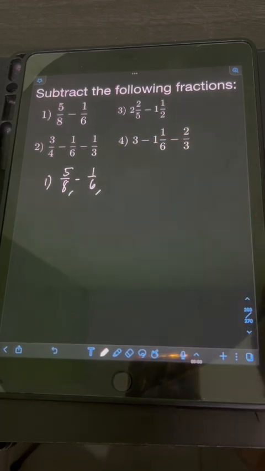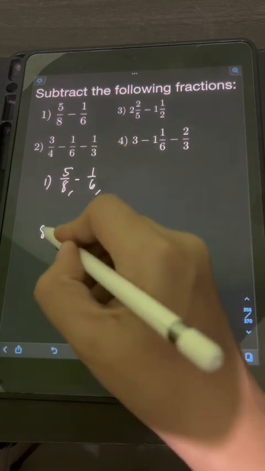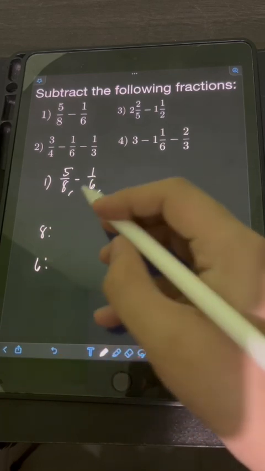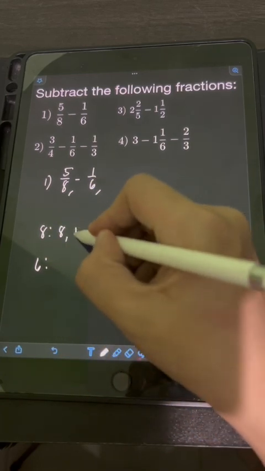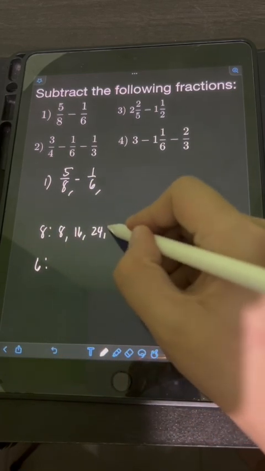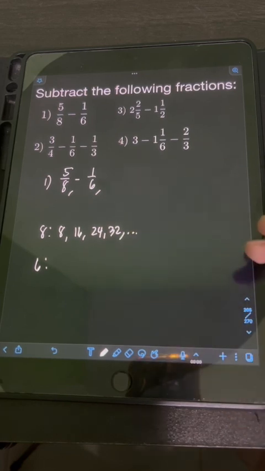So to subtract dissimilar fractions, we transform them first into similar fractions by finding their least common denominator, or the LCD. To find the LCD, we find first the multiples of 8 and 6. For 8, its multiples are 8, 16, 24, 32, and so on.